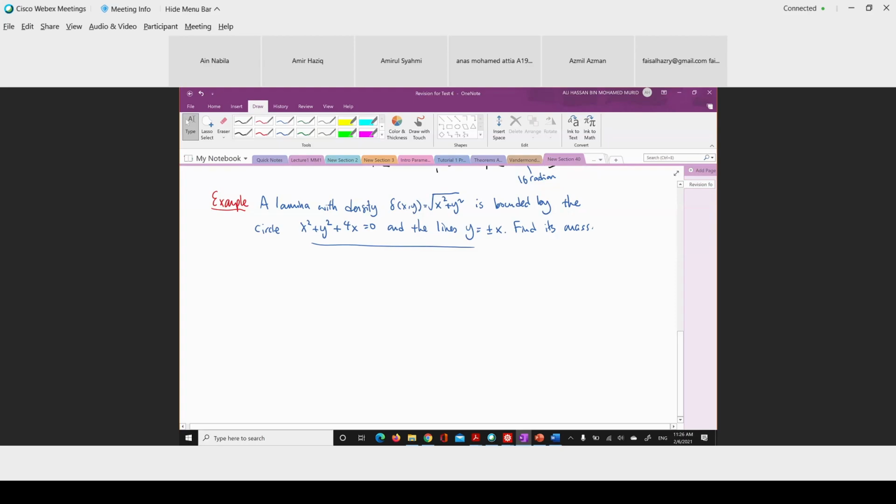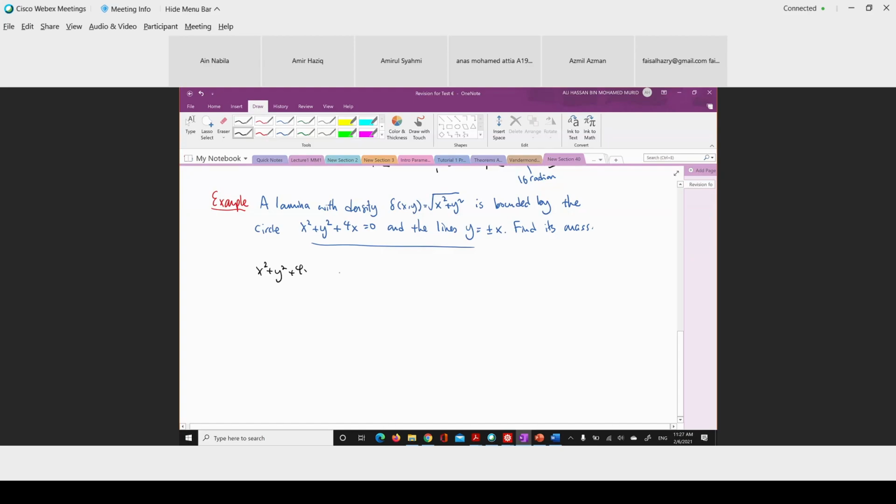Sketch a diagram, the shape of the lamina. What is the center point of this circle and what is its radius? We need to determine that before we can sketch the circle.